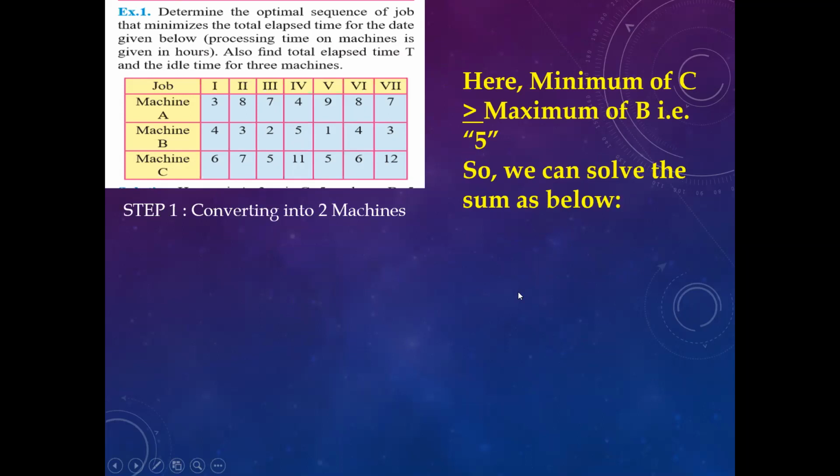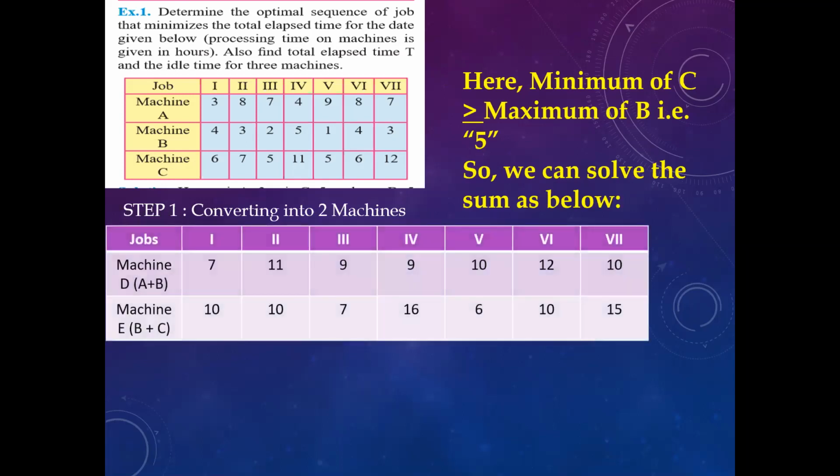Now class, this first step is slightly different. Usually in 2 machines, our first step was to find the required sequence. Now, step 1 of 3 machines is that you have to convert the 3 machines into 2 machines. Now, how will you do that? It's very simple.